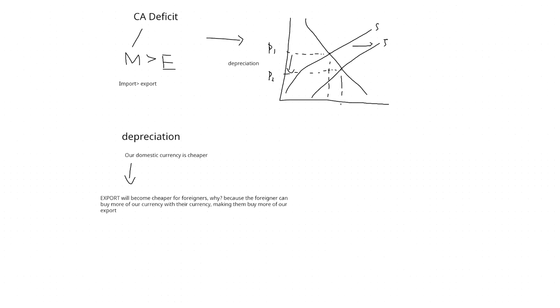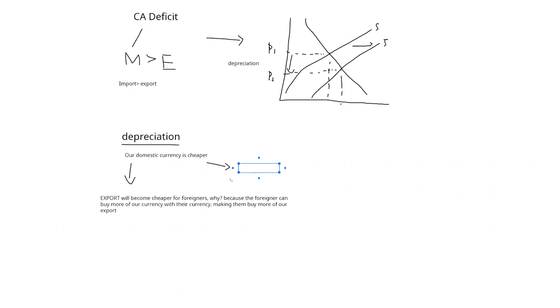Okay, so because of our depreciation, what's going to happen to our import when domestic currency is cheaper? Import is going to be more expensive, right? Because the purchasing power of our currency has dropped. So in order to buy goods from a foreign country, we need to pay more.